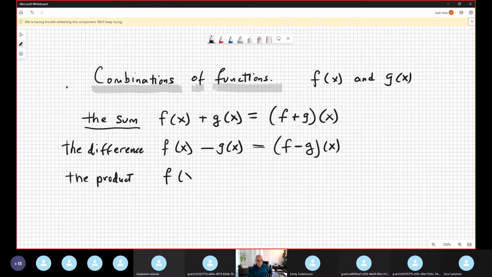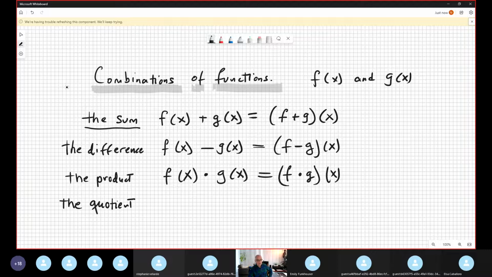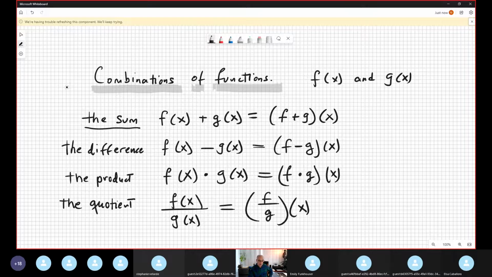Is f of x times g of x. And the symbolic way to indicate is f times g parenthesis of x. And the quotient or division, which is division, is f of x divided by g of x. And the symbolic way to indicate this idea, open parenthesis, f division g of x. This is the symbolic way. This is super easy. This is not important.